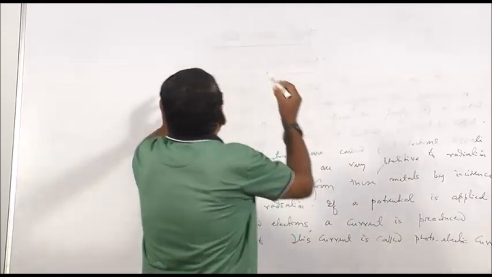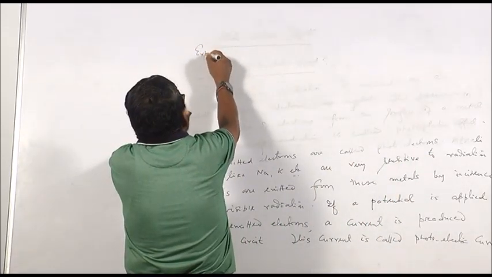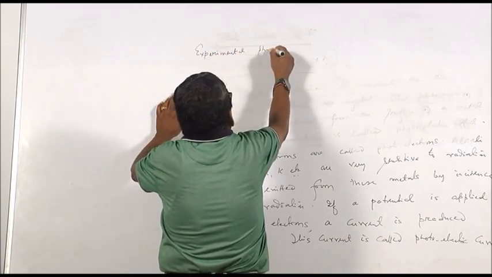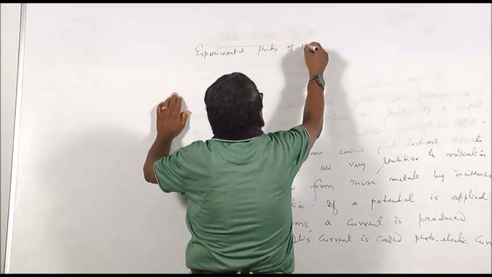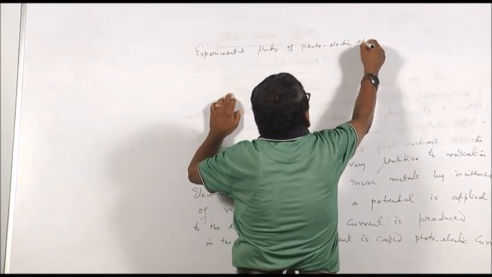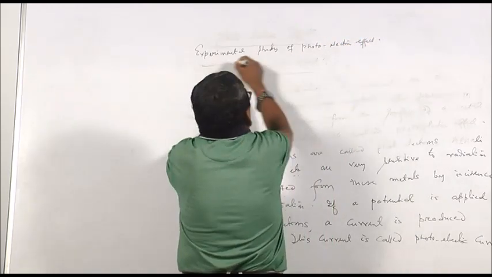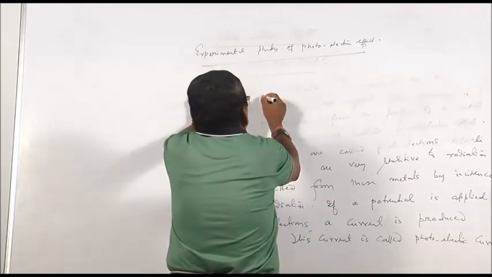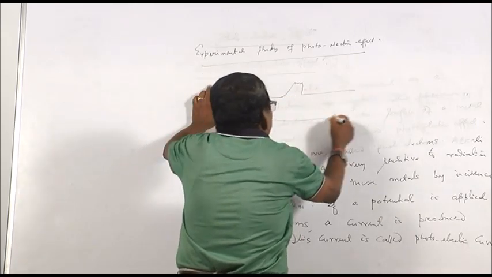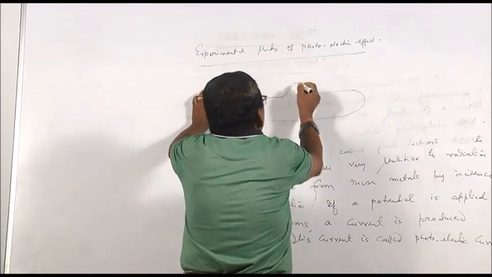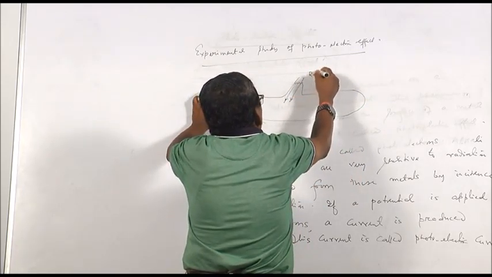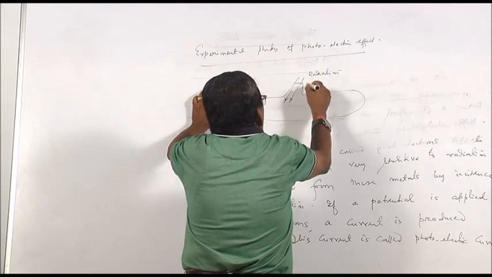How can you study it experimentally? It is very simple. You take an evacuated glass bulb. Radiation will be incident like this through a quartz window.